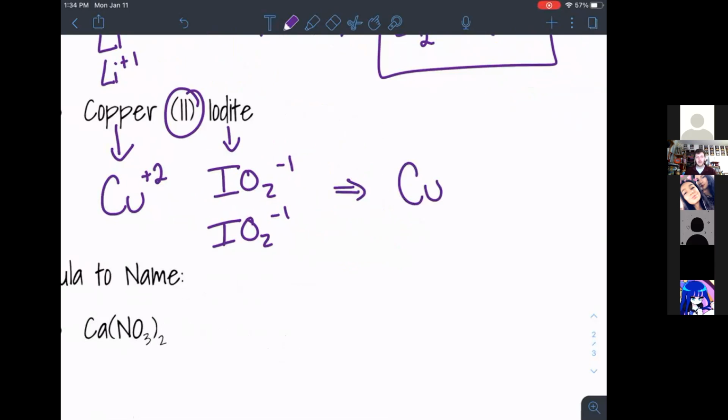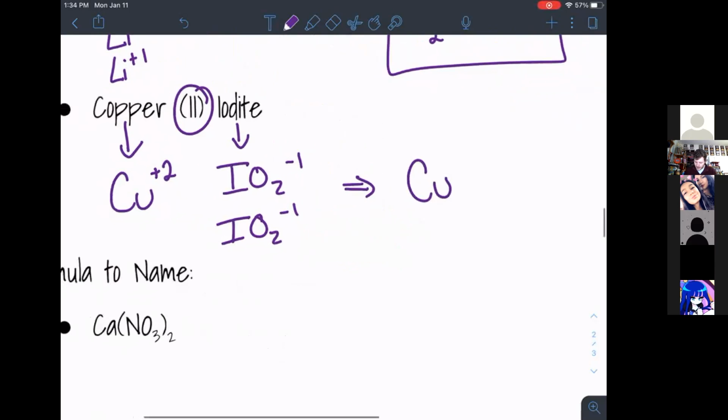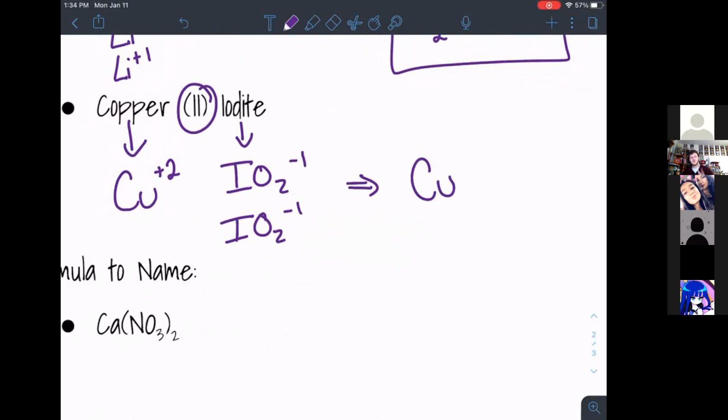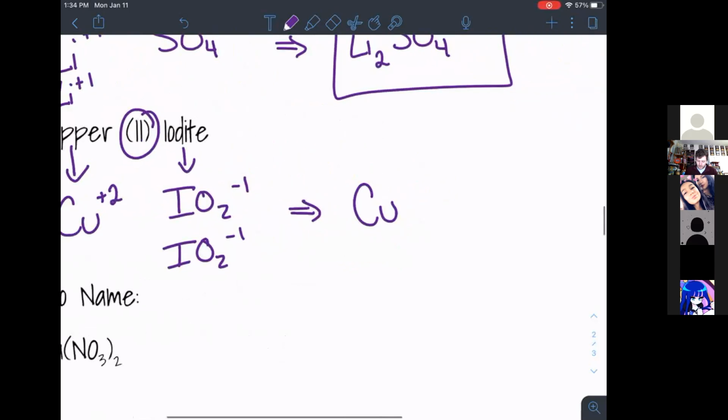I have Cu and there's only one of them. And then I have IO2, but I have two of them. I know some of you might want to write this I2O4 because we have two, but if you look on your polyatomic ion sheet, you never see I2O4. That's not an ion that we talk about.